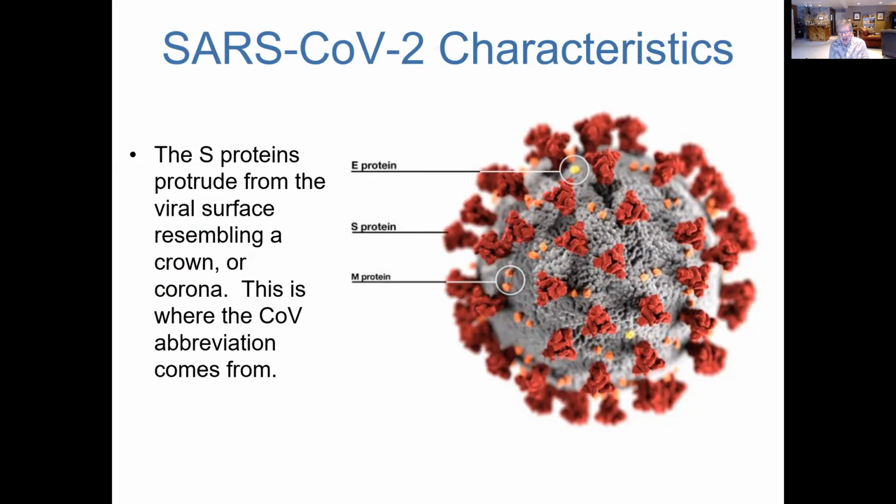These are animations oftentimes, or sketches of what the virus sort of looks like, falsely colored here. And we'll be getting into more of this as we get into the chapter, but in essence, these red structures that are sticking out from the surface of the virus, and there's also some smaller, less obvious structures here shown in orange and in yellow.